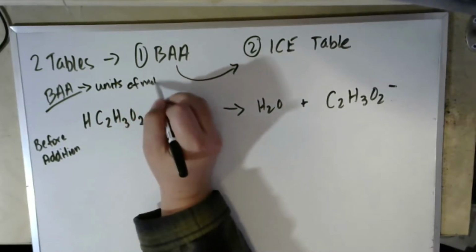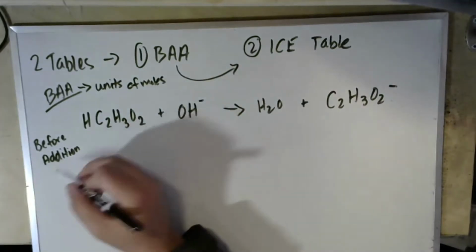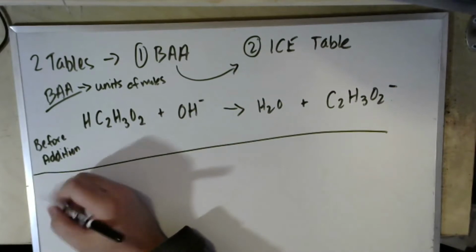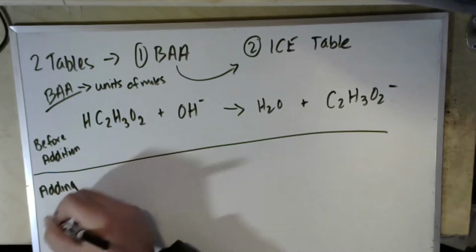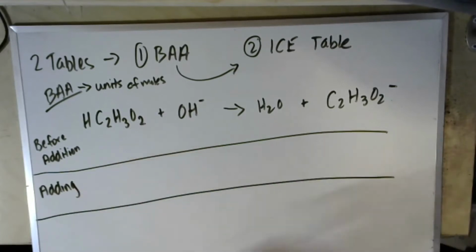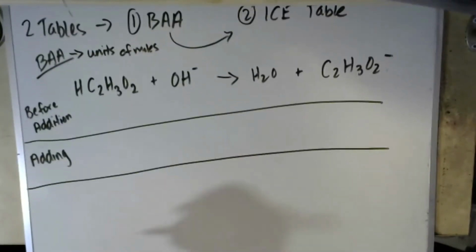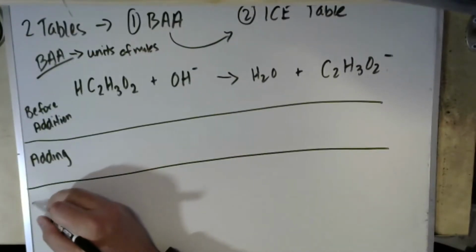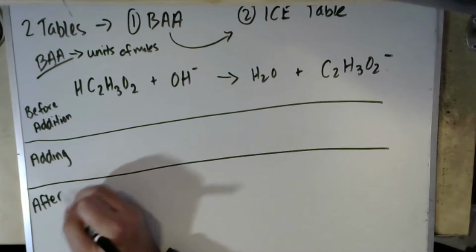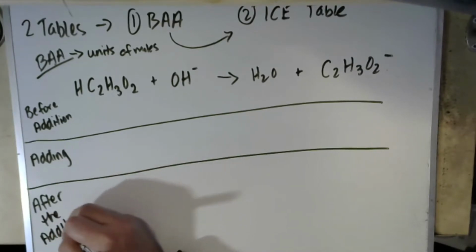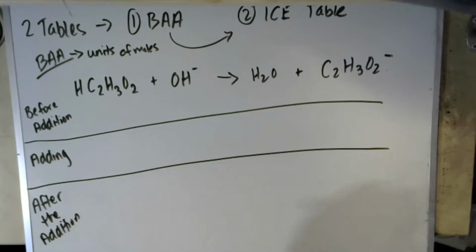That's how we're going to keep track of these things. The second row of your BA table is going to be what you're adding. And the third row is going to be what's left after the addition and after the reaction occurs.